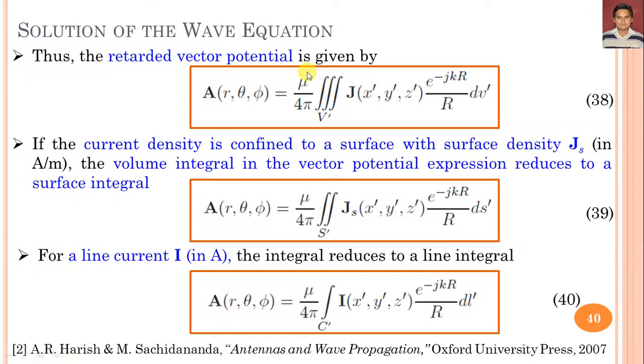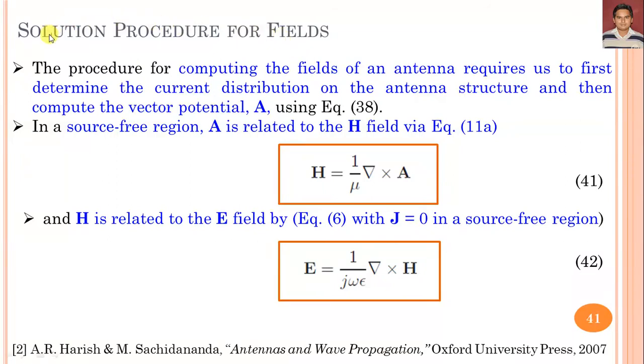These three equations are very important in the solution of the wave equation, or in calculating the electric and magnetic fields by using the differentiation technique. Further, we can calculate the fields by using this simple procedure.